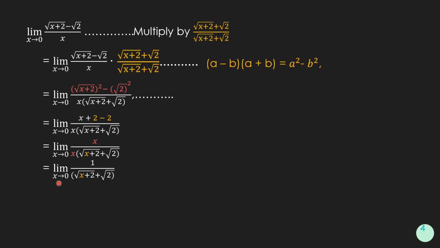So we will substitute x equals 0 in the function and find 1 divided by root 0 plus 2 plus root 2. That will be 1 over root 2 plus root 2, which is 2 root 2. So 1 over 2 root 2 will be the answer.